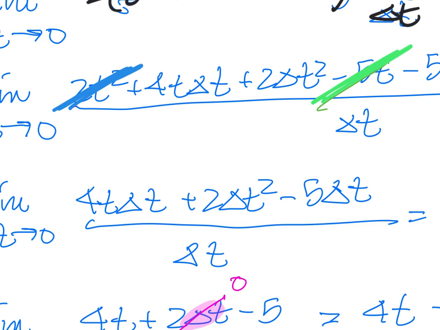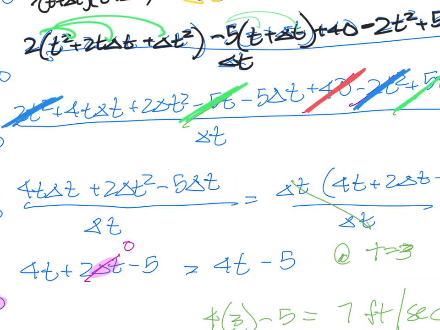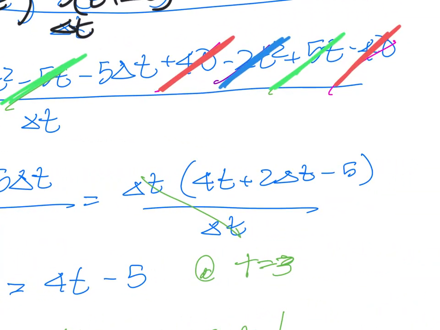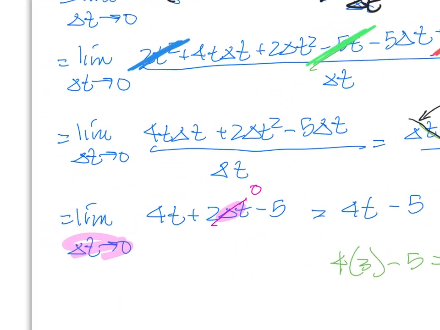Now, at this point, if you can see how the delta t simplifies with each term, you can totally do that right away. What I kind of like to do is to factor this out, factor the delta t, and then we are left with 4t plus 2 delta t minus 5, and then that delta t over delta t goes to 1.